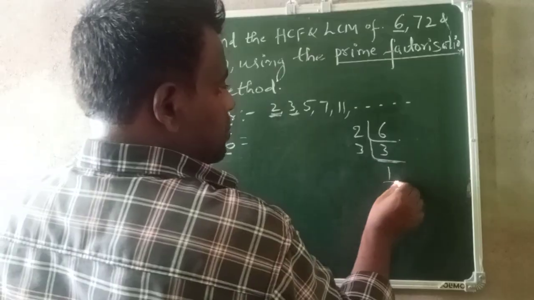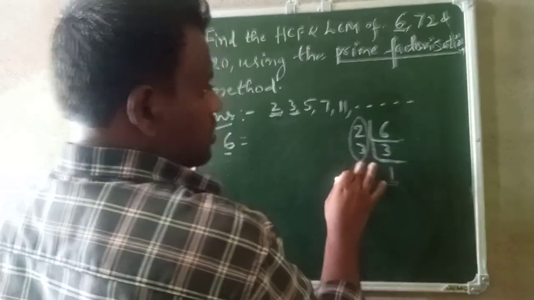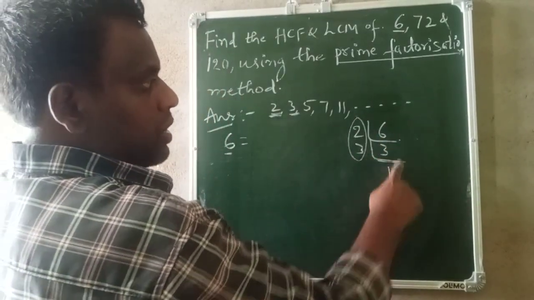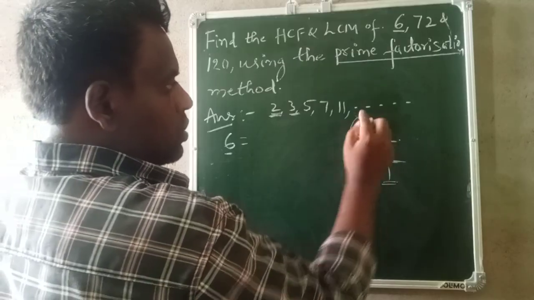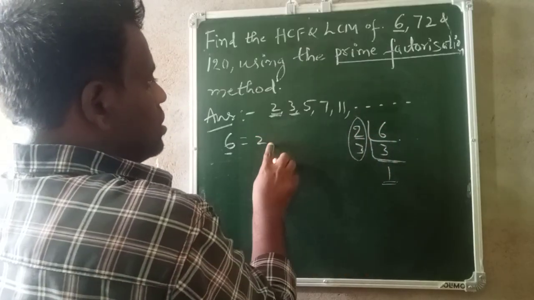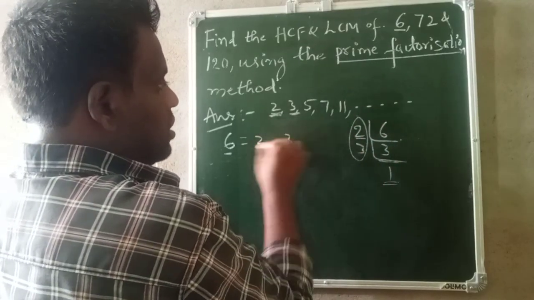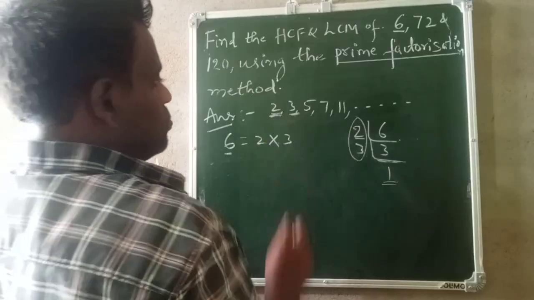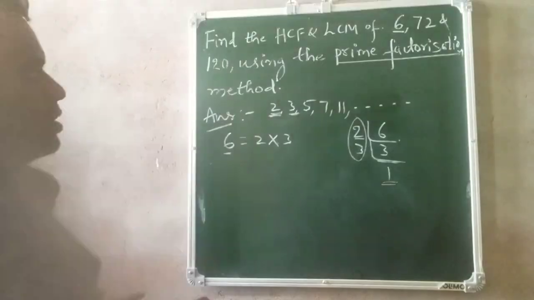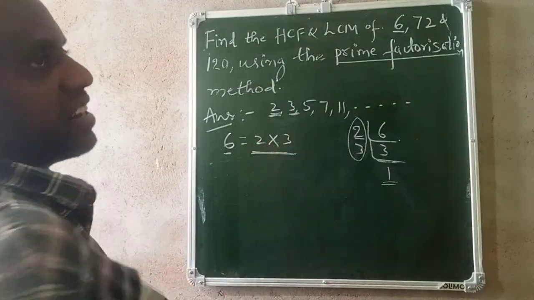Now except this 1, whatever prime numbers you have taken for dividing, you have to consider. First write this 2, leave space, next write 3, and in between write a multiplication sign. So now this is the prime factorization.